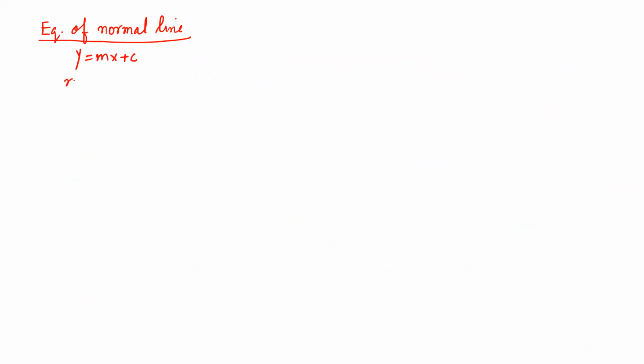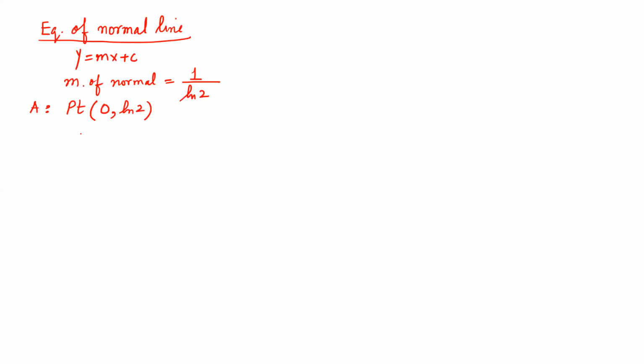We have the slope m of the normal line, 1 by ln of 2, and the point through which this line passes is point A, which is 0 comma natural log of 2.